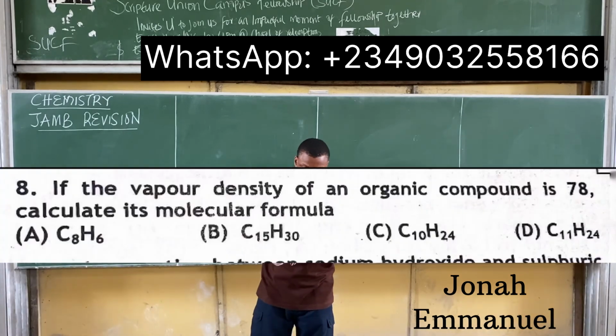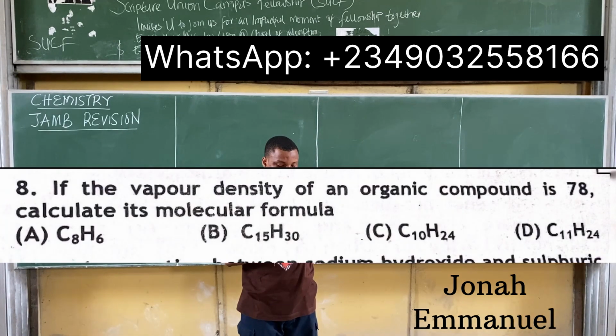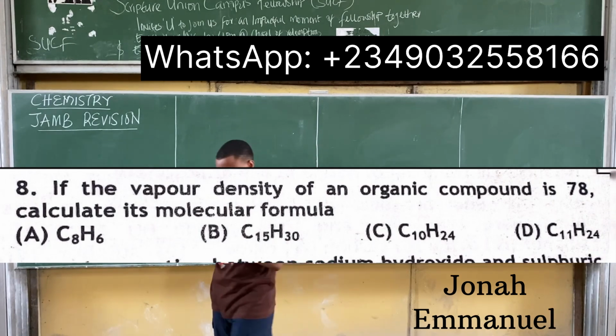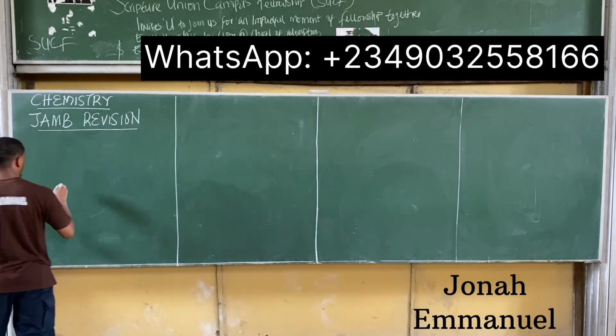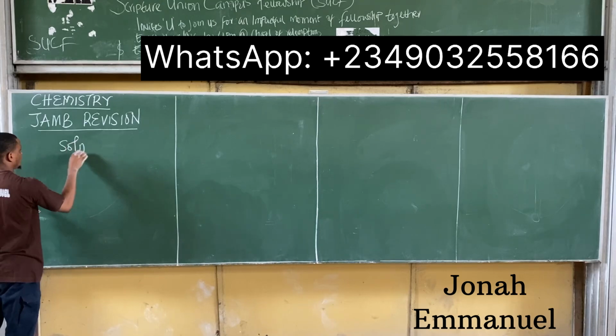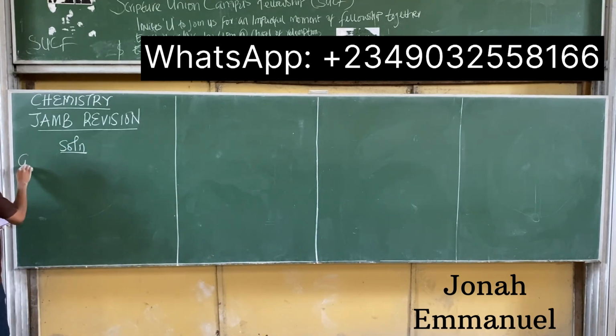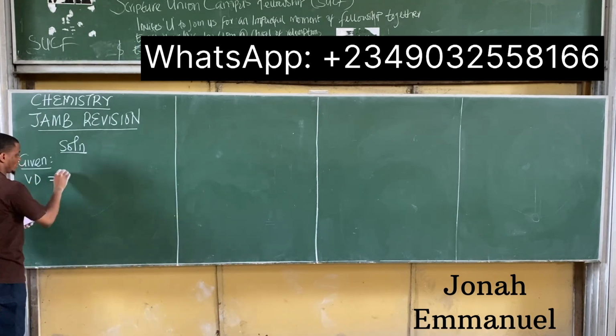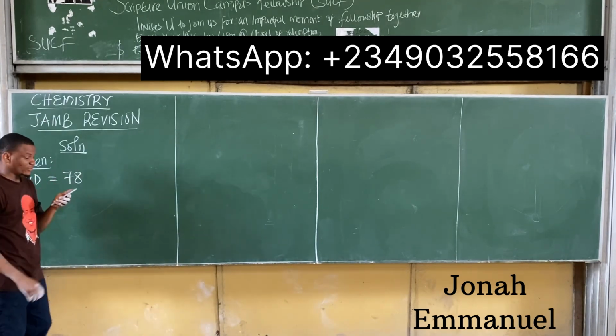The first one here says, if the vapor density of an organic compound is 78, calculate its molecular formula. Alright, so for the solution, I'm given vapor density, let me call this VD, equal to 78. I'm asked to find the molecular formula.